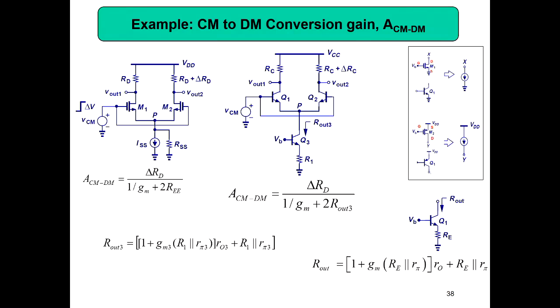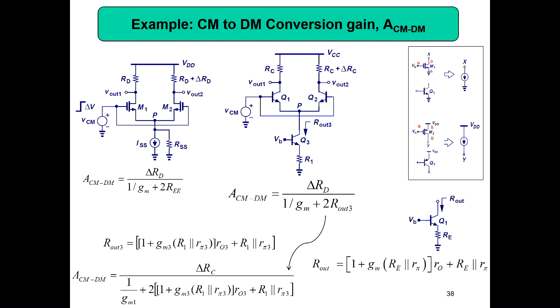You can substitute R out 3 equal to 1 plus GM3 R1 parallel R pi 3, times R out 3 plus R1 parallel R pi 3, from the equation we already know. Then you get ACM DM equal to delta RC by 1 by GM1 plus 2 times that. RW is kind of a course value, we don't know what it is. When you realistically design, this is the value, because you will be connecting another transistor here.